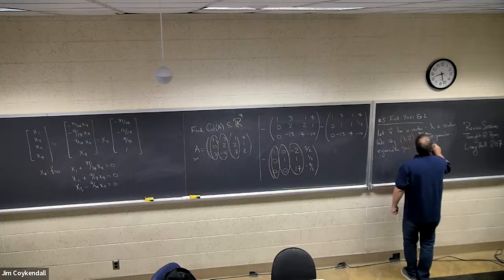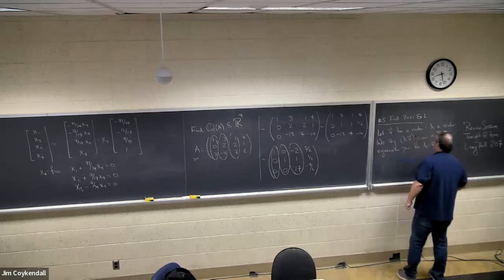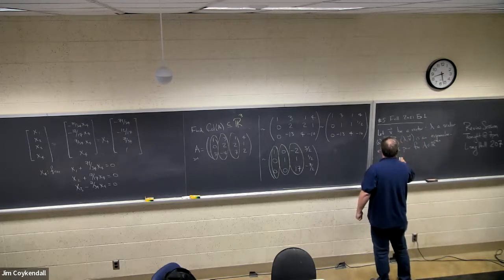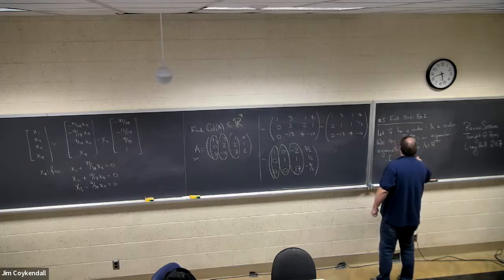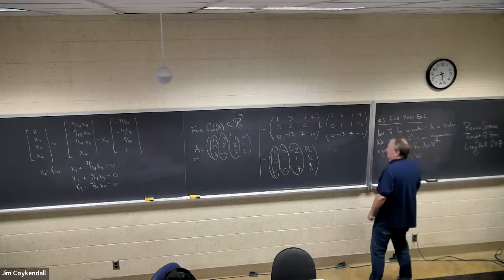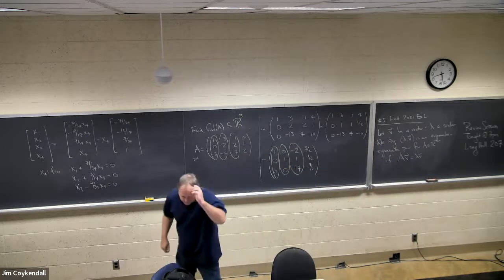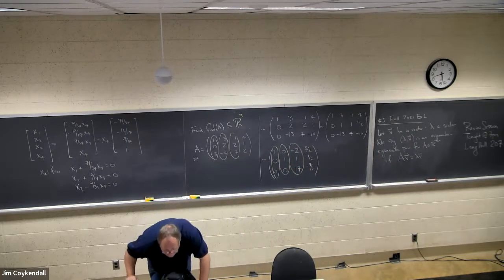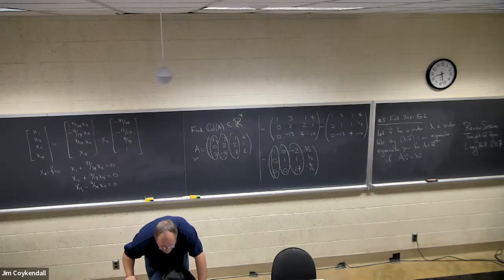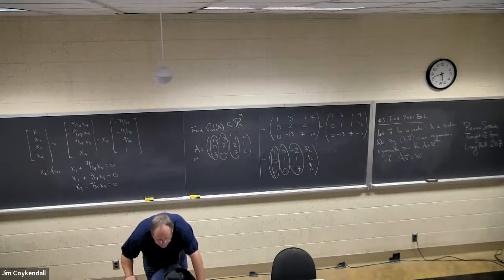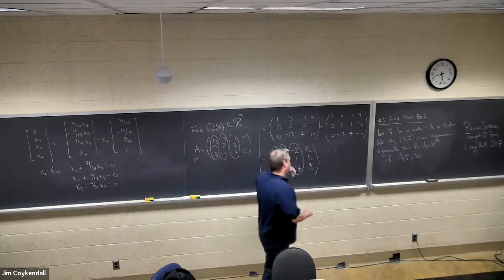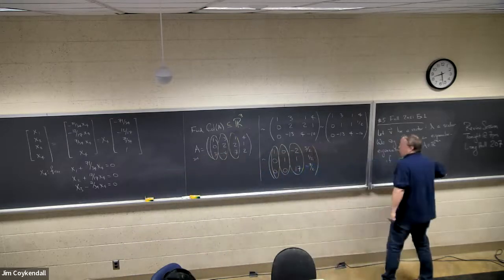A is an n by n matrix. Suppose that P is an n by n invertible matrix. So here's what the problem is.